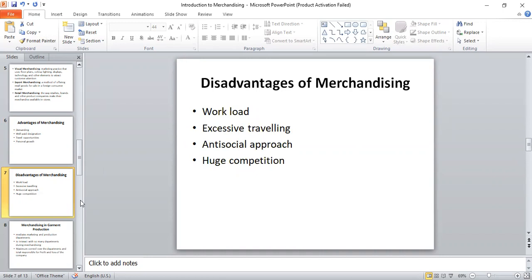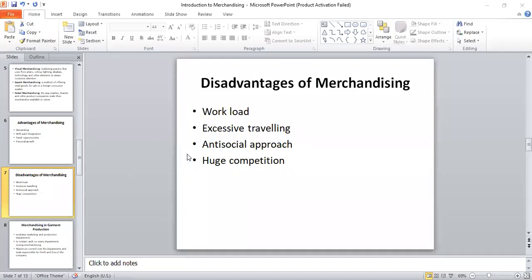These are the disadvantages. So there are some disadvantages of merchandising.